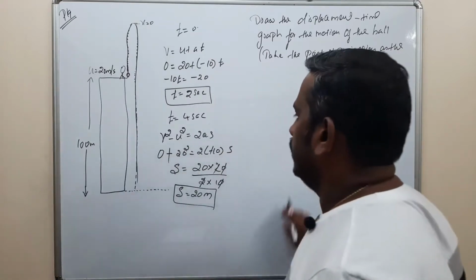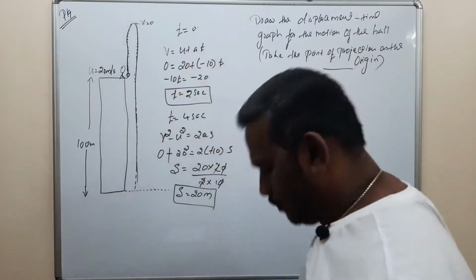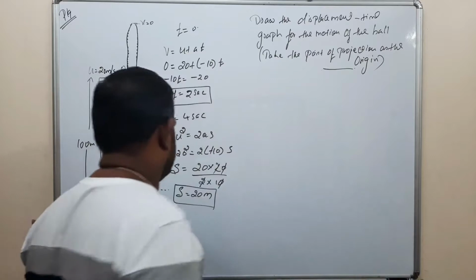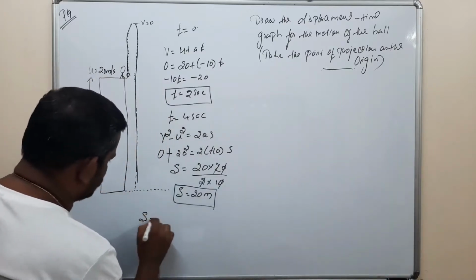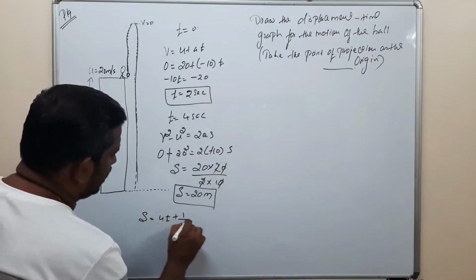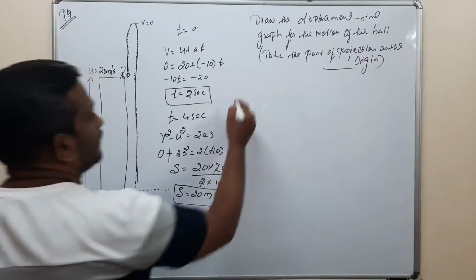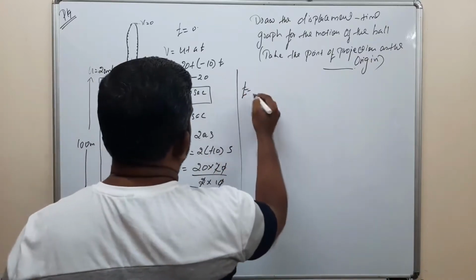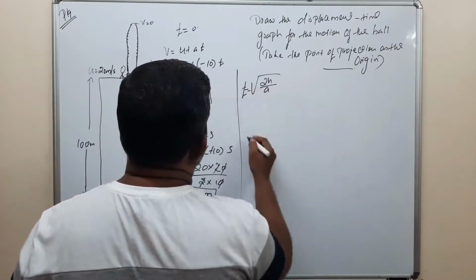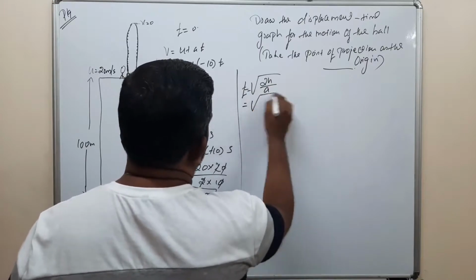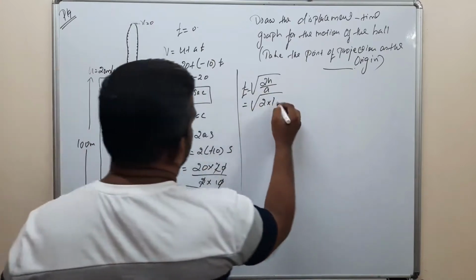How much time will the ball take from this point to reach the ground? We can use the equation s is equal to ut plus half at square. From this equation, t is equal to root of 2h by a, that is root of 2 into 120 divided by 10, where 100 plus 20 is 120.